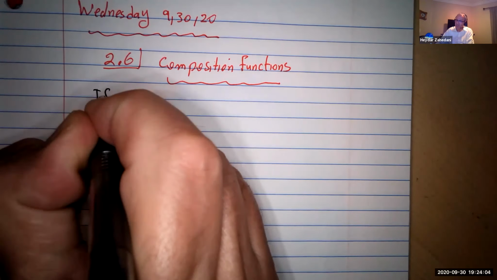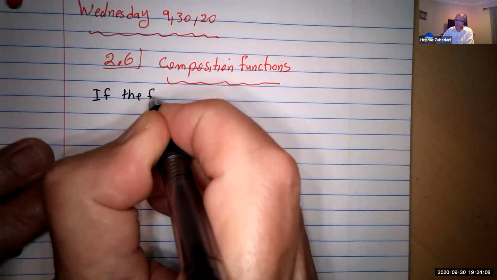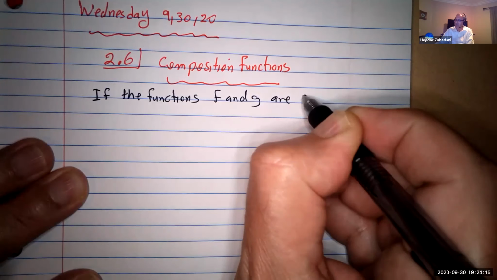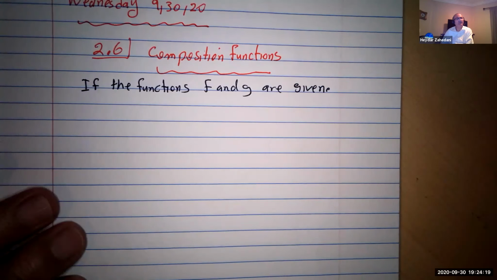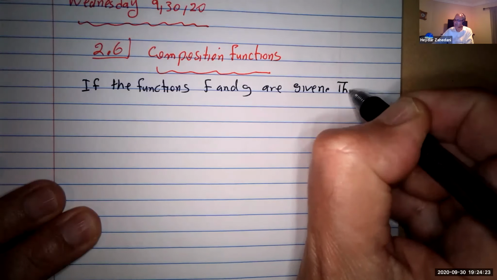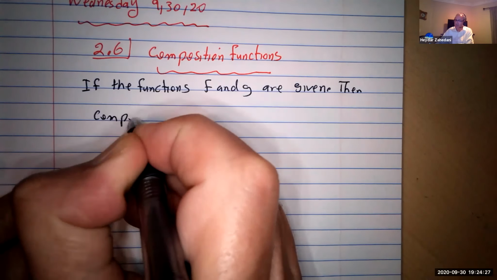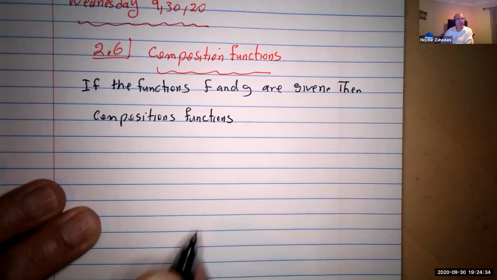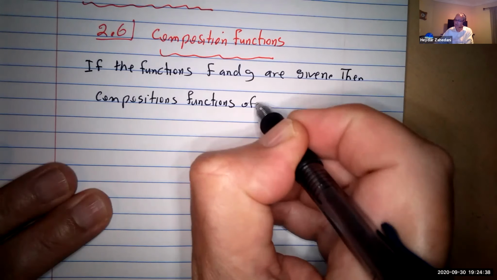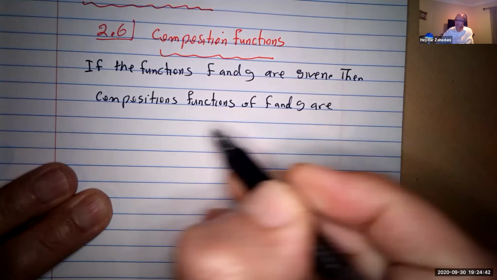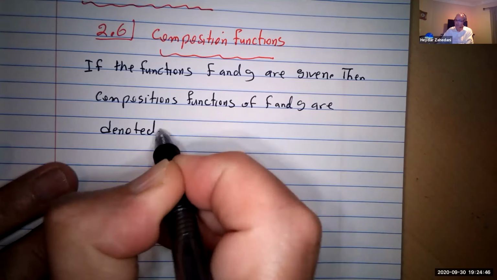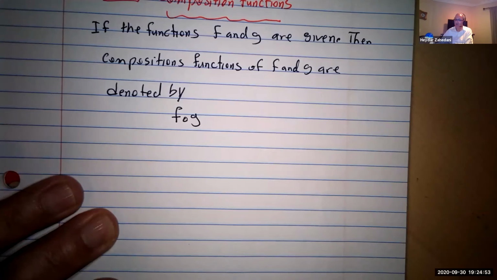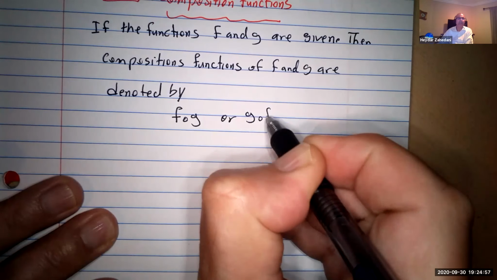If the functions f and g are given, so we have two functions, f and g, and we know them, then the composition of functions f and g is denoted by f∘g, or g∘f.